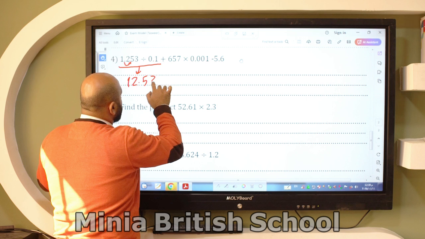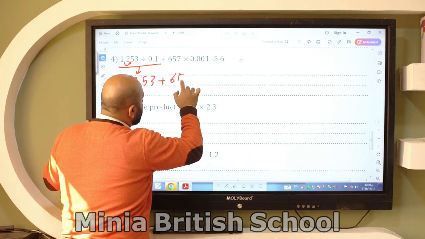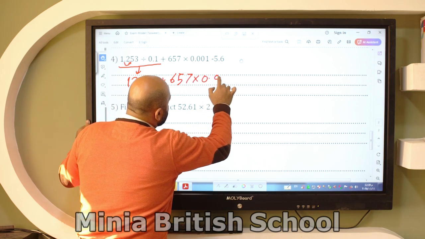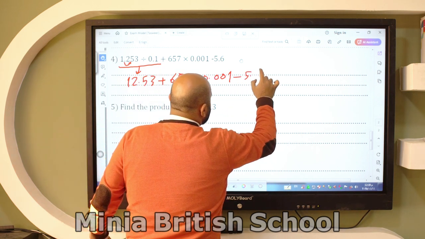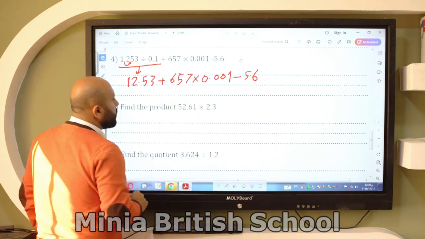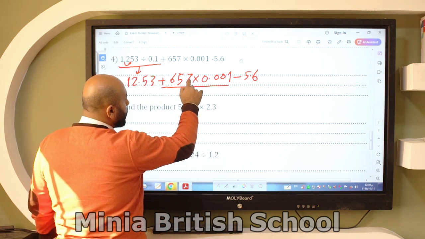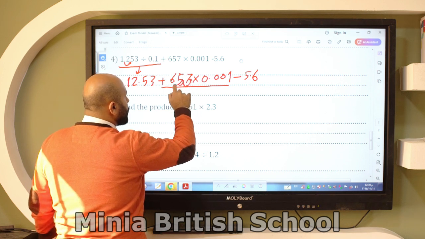12.53 plus 657 times 1,000 minus 5.6. Do the multiplication. I have this whole number, so the decimal point will move 3 steps left. Let's do it. 1, 2, 3.